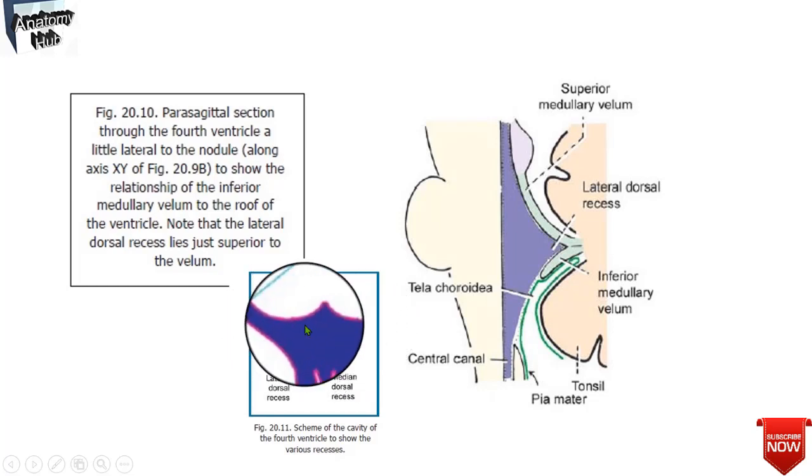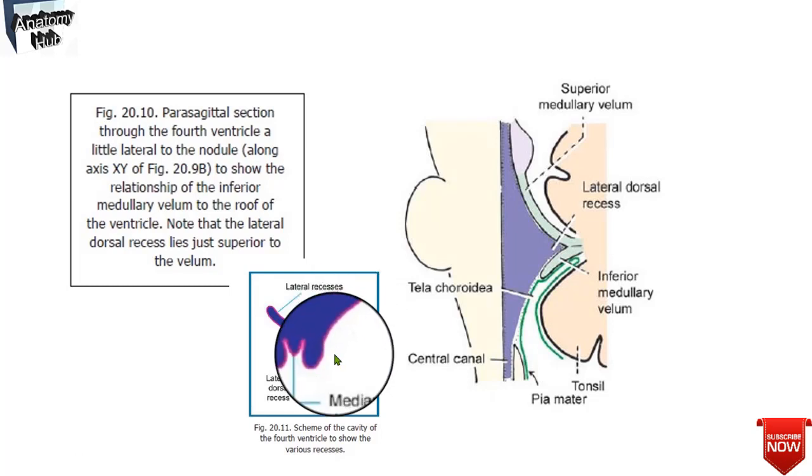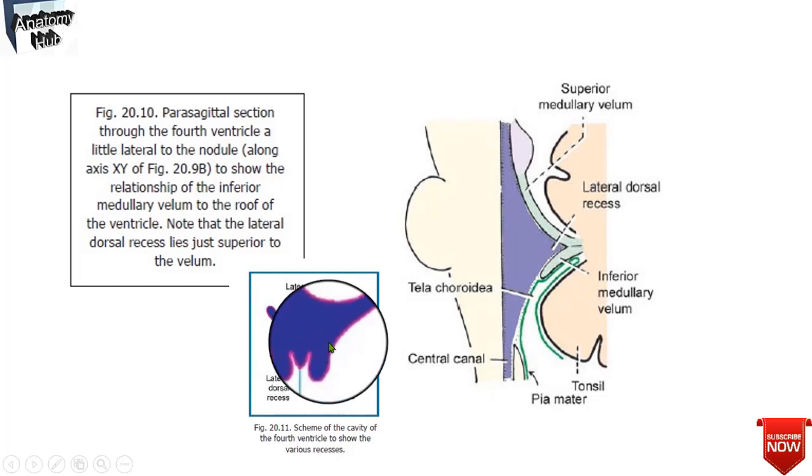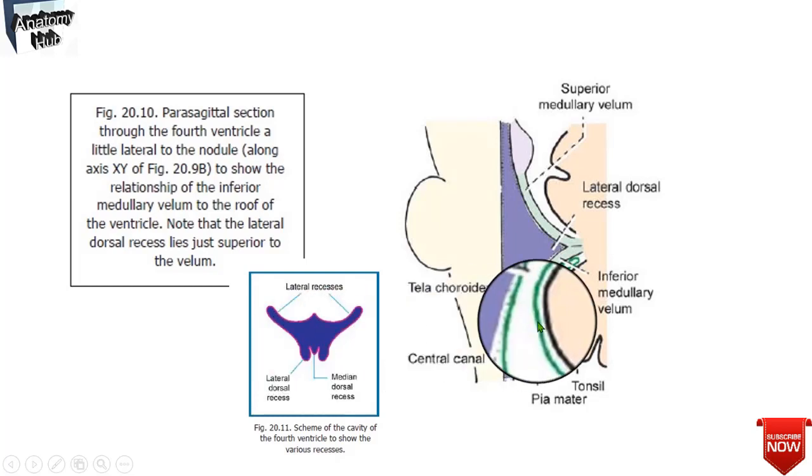Each lateral recess passes laterally in the interval between the inferior cerebellar peduncle ventrally and the peduncle of the flocculus dorsally. The lateral extremity of the recess reaches the flocculus, and at the extremity the recess opens into the subarachnoid space as the lateral aperture.